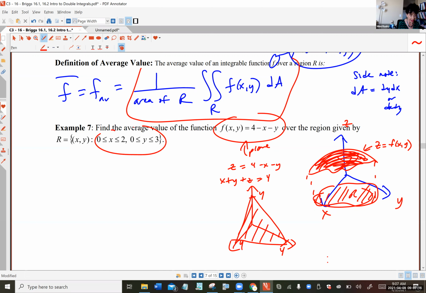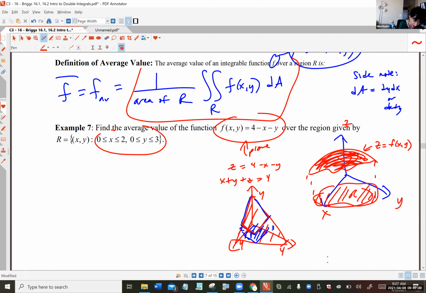Now we're integrating it over the region R. So we're not integrating over this whole triangle down here in the xy plane. That's not the region of integration. The region we're integrating over is a little rectangular area where x goes between 0 and 2 and y goes between 0 and 3. So it's this rectangle down here that's our R. So we're trying to figure out the portion of the plane that's hovering above that rectangular region.